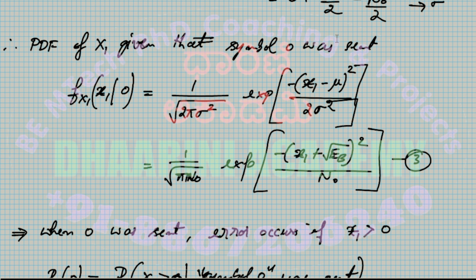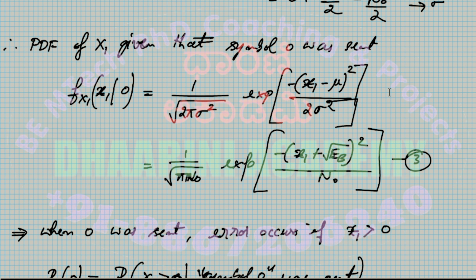You already know that 0 was sent, so you write it as a condition: f of X1 of small x1, where the line represents given that 0 was sent. So substitute: 1 by root of 2 pi sigma square, e to the power minus (x1 minus mu) whole square by 2 sigma square, which is the standard equation of a Gaussian random variable.